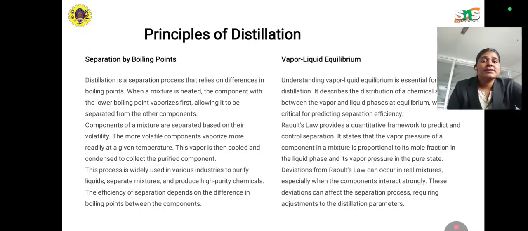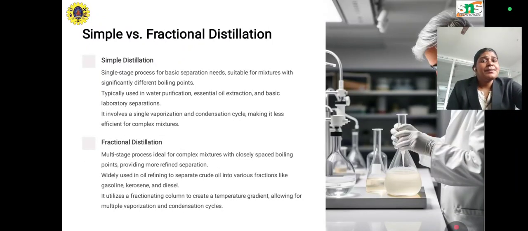Now let us see simple versus fractional distillation. This is a very important point: simple distillation is a single stage process for a basic separation, while fractional distillation is a multi-stage process ideal for complex mixtures.